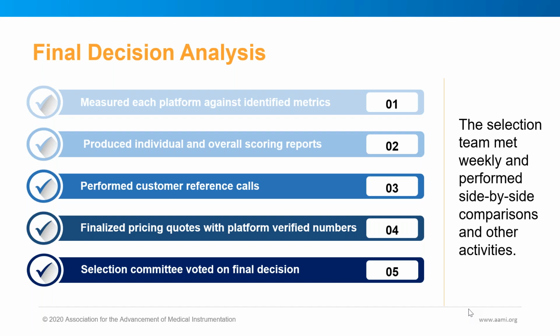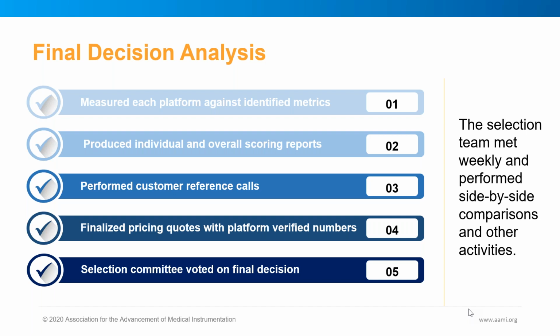Because as I stated, when it lasts for a little while, you forget what happened in the very beginning sometimes. So this comparison and this summary was able to remind the entire team of what had happened and what scores had been given to each device along the way. And the final scores were really representative of what the team saw during that entire time. And I should also note that that's not necessarily a final decision factor.